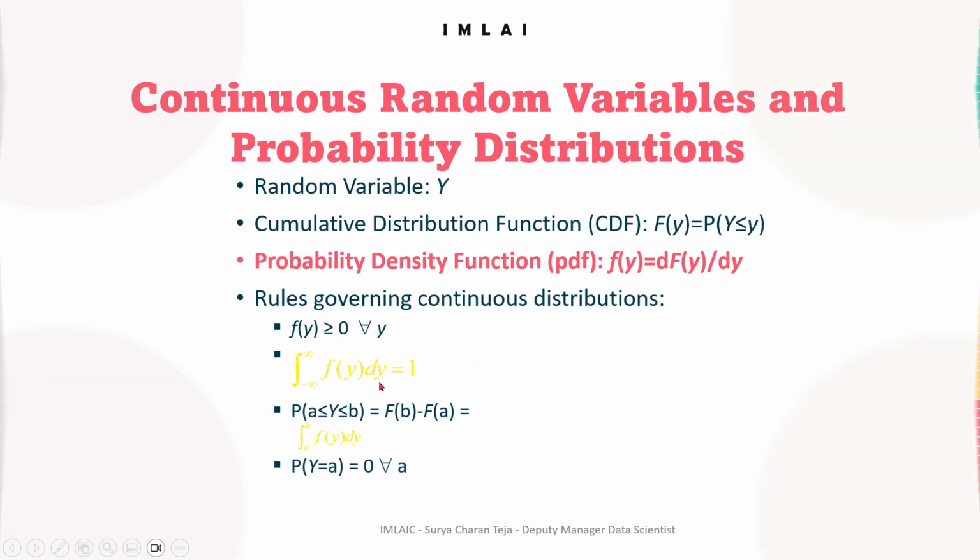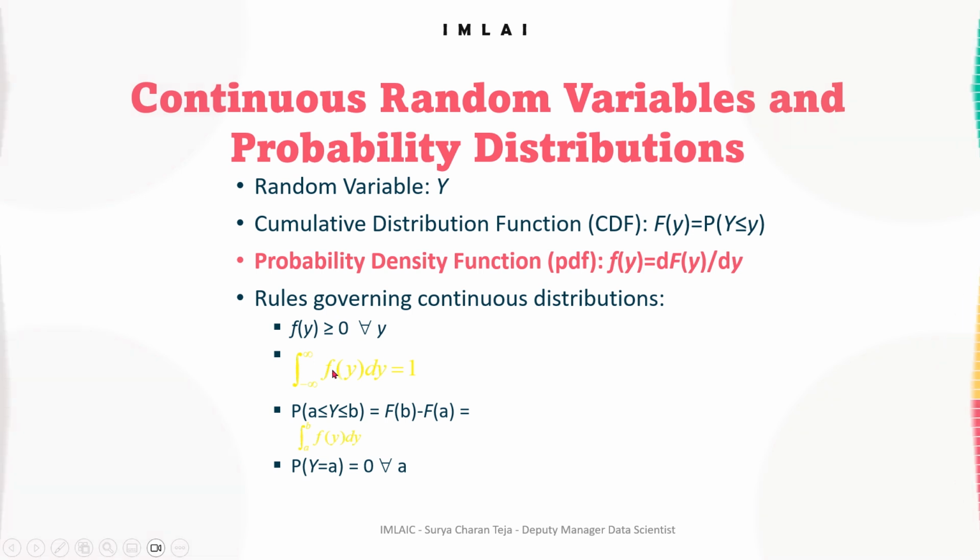Obviously, instead of minus infinity to plus infinity, you can just replace the limits with a, b. Then you know that the value of f of y is nothing but the derivative of F of y with respect to y, dy.